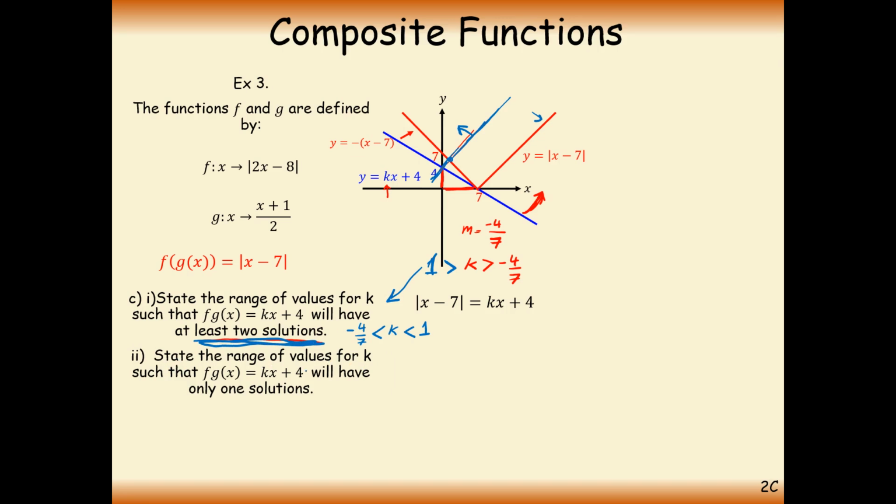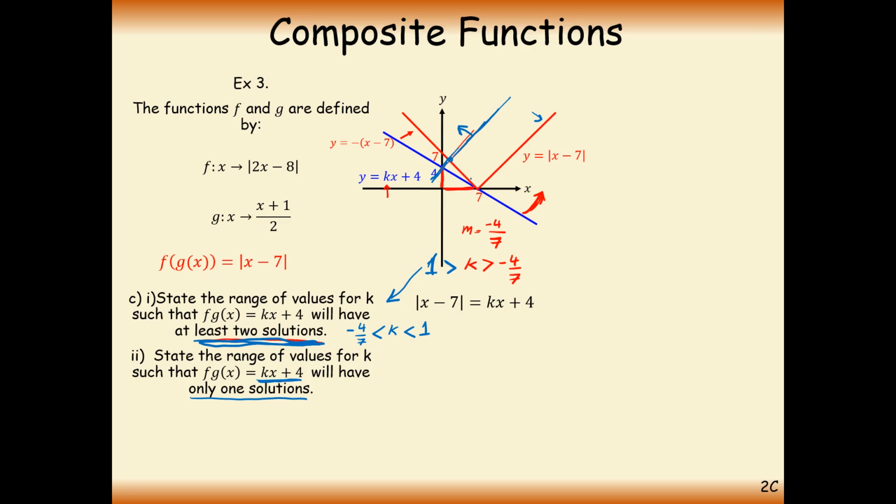Let's read the next part. Now, to state the range of values for k such that the linear line, the blue line, will have only one solution, or rather have only one intersection point with the red line.